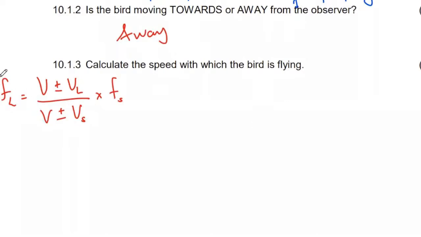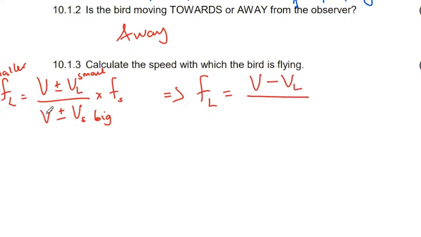Since the frequency of the listener is smaller, we expect the bottom to be big and the top to be small. So this reduces to the frequency of the listener being equal to V, and since we want the top part to be small, we subtract VL. Since we want the bottom part to be big, we add VS, and then we multiply by the frequency of the source.